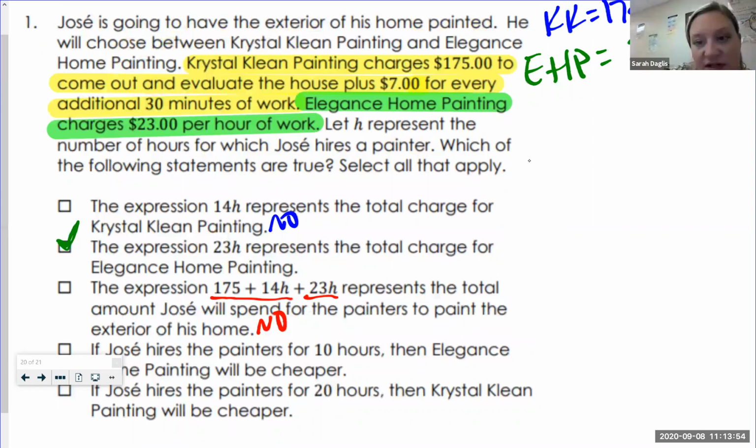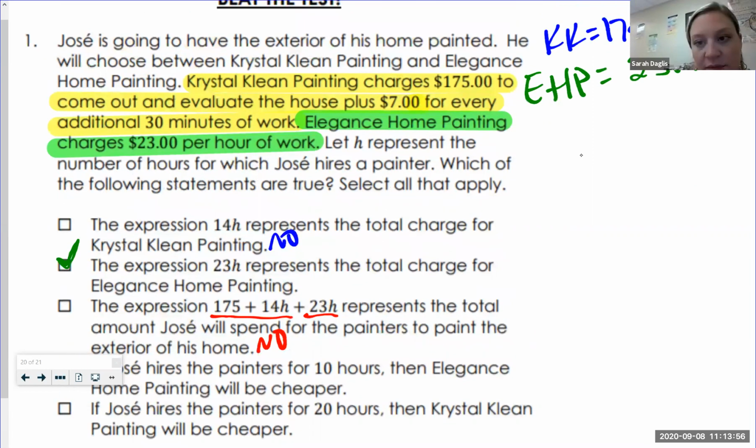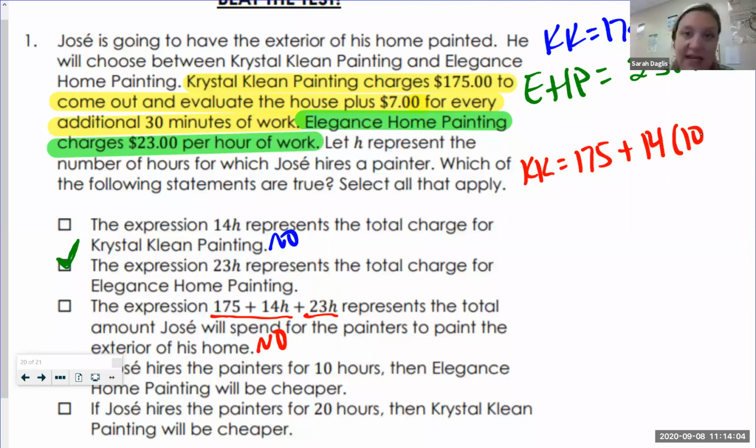For Crystal Clean, it's still $175 to come out to the house, and then it's $14 each hour for 10 hours. Order of operations, we're going to multiply first. 14 times 10 is 140. And then we're going to add. 175 plus 140 gives me a total amount of $315.